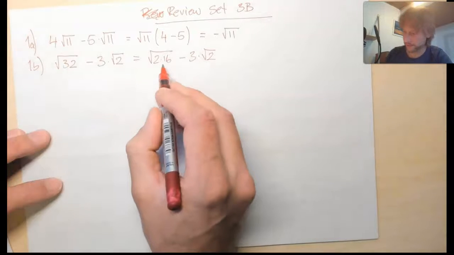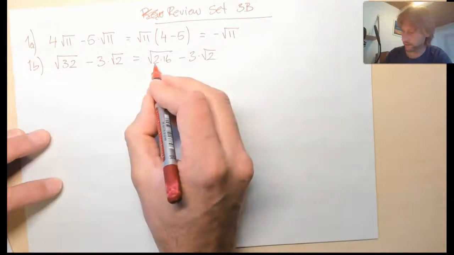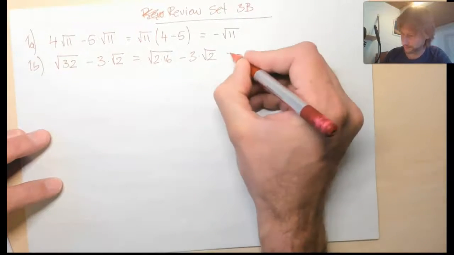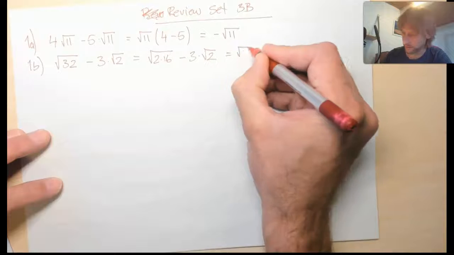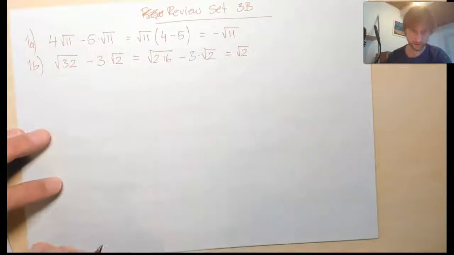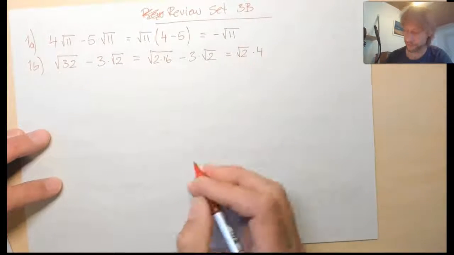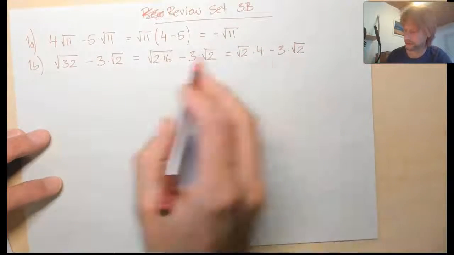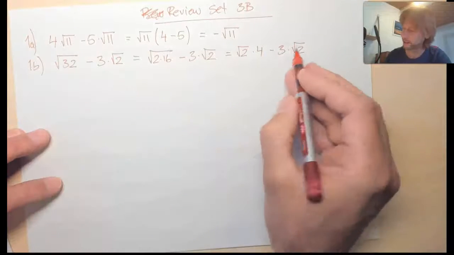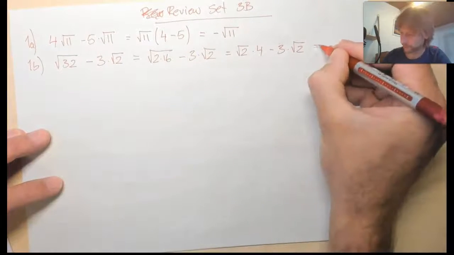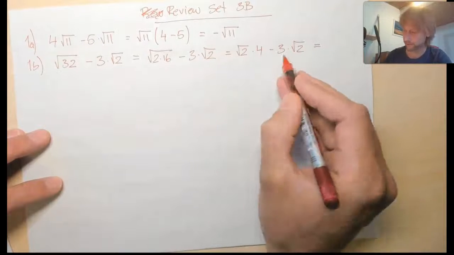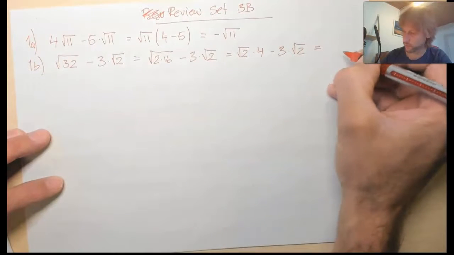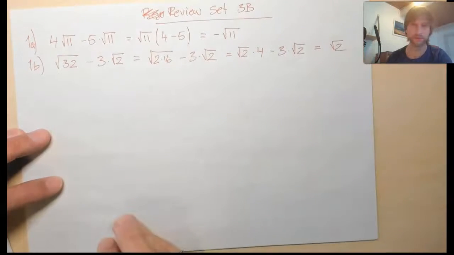And this is nice because we can do the square root of each factor. So this is the square root of 2 times the square root of 16, which is 4. And we subtract 3 times the square root of 2. And then we are in a similar situation as up here. We have the square root of 2 as a common factor, and we can just take 4 and subtract 3, so we get 1 times the square root of 2.